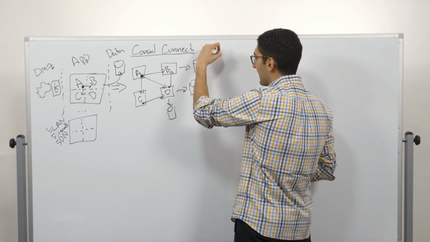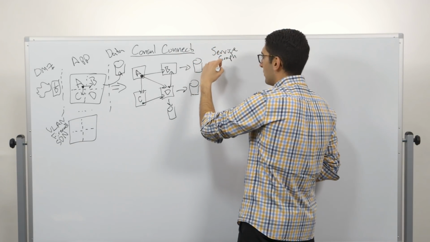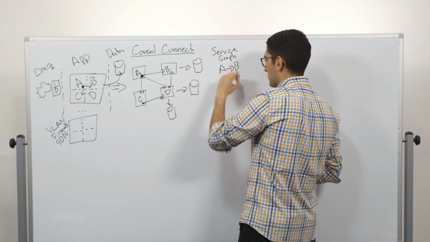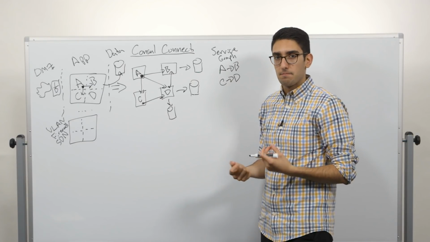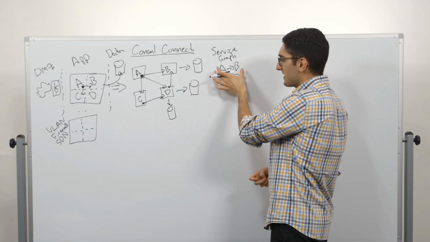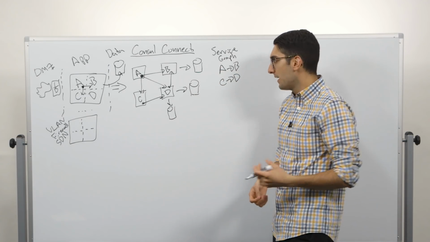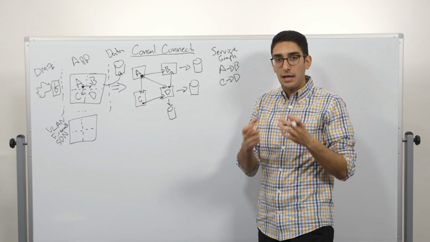So ideally what we'd like to do is define at a very fine-grained level, service A is allowed to talk to service B, and service C is allowed to talk to service D. And this is where our service graph capability comes in. So when we talk about the service graph in Consul, it's a set of high-level rules that say which services are allowed or disallowed from communicating with one another. Now, the important thing is these rules are at a logical service level. They're not at an IP level.